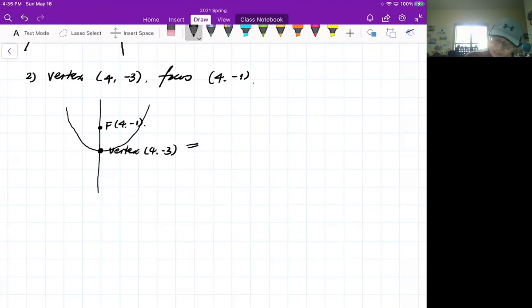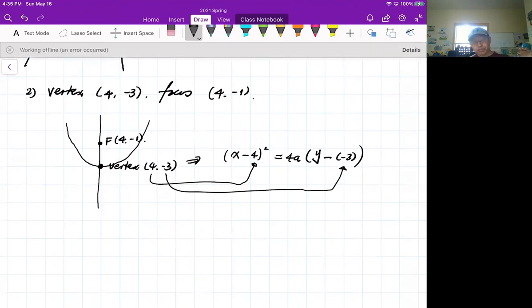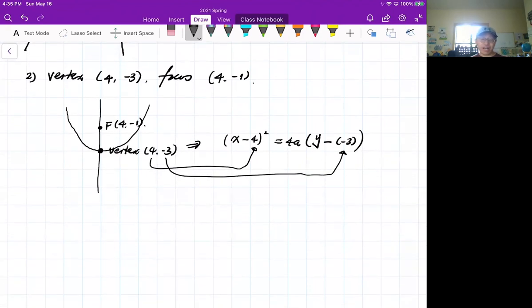So from here, I can tell it's (x minus 4) squared equals 4a times (y minus -3). Can you see that? So 4 goes here, and -3 goes there. That's the way to write the equation of the parabola if the vertex is not at the origin.